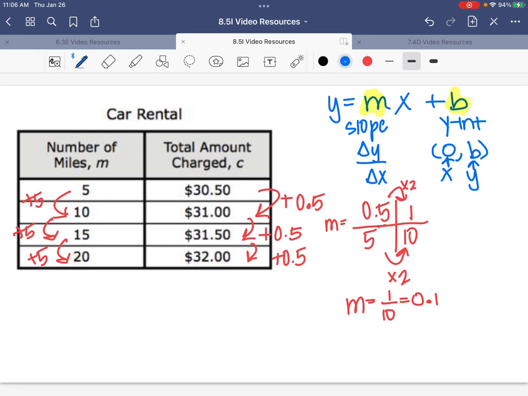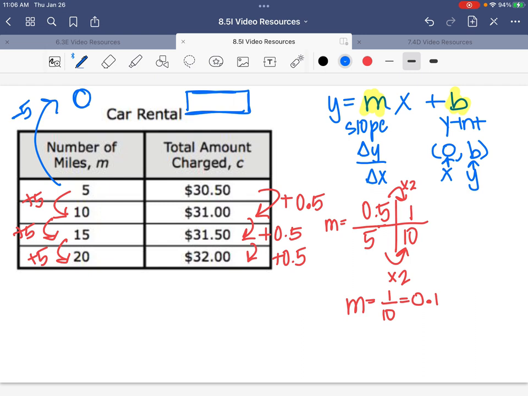And so with the same thinking, now we want to work backwards to say, okay, what was the price when we had done 0 miles? So instead of increasing by 5, now we work backwards and we decrease by 5. And so every time I had to increase by 5, I had to increase y by 50 cents.